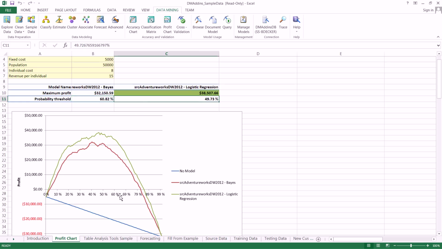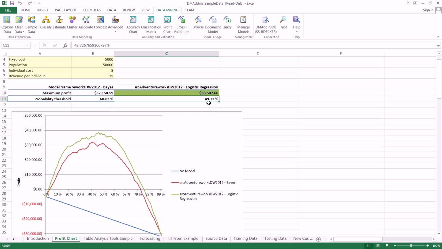This is not the same percentage as what's down here on the x-axis. That is total population percentage. The probability threshold for the logistic regression is 49.73%. So you can contact more people in the logistic regression model, because you can almost think of it as being a little bit more confident.